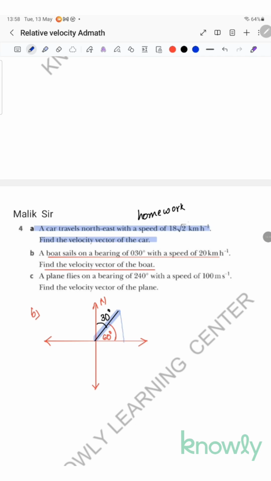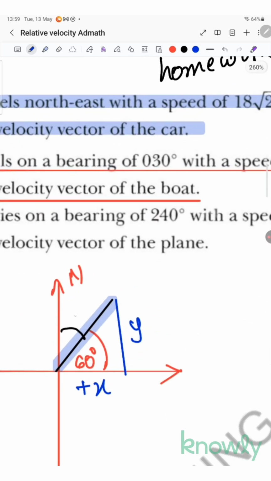I will just drop a perpendicular. Can I say this is positive y and positive x, and the hypotenuse is 20. I'll erase this 30 degrees because I don't need it anymore.